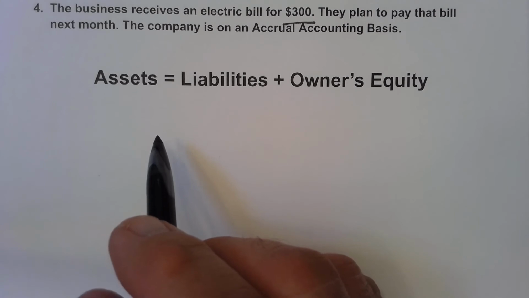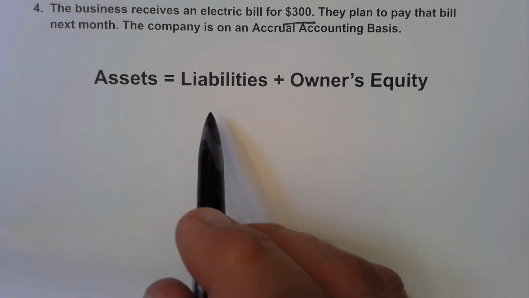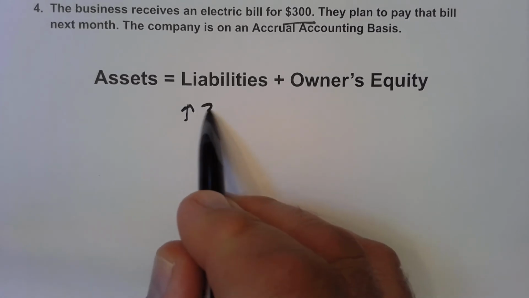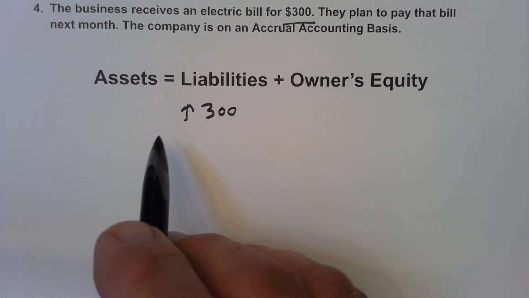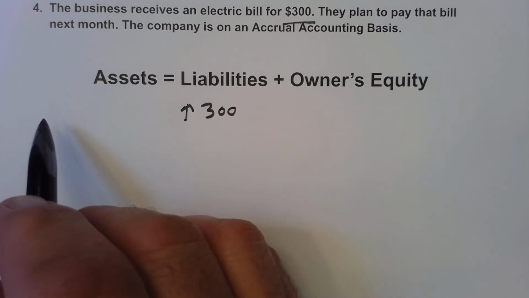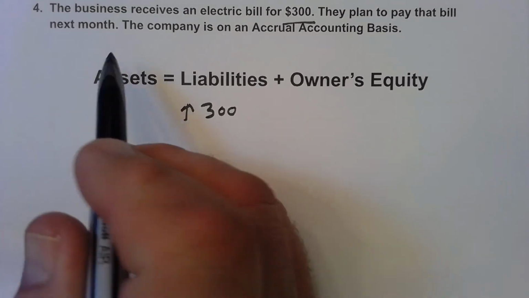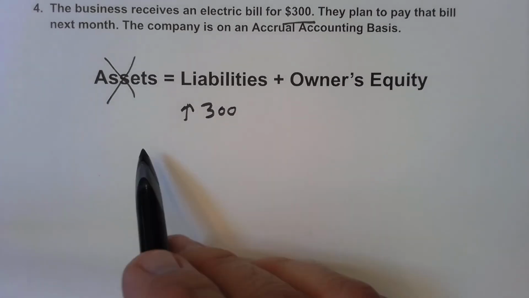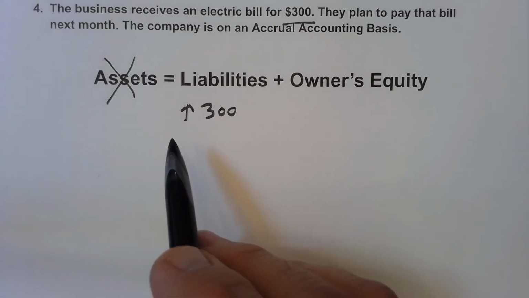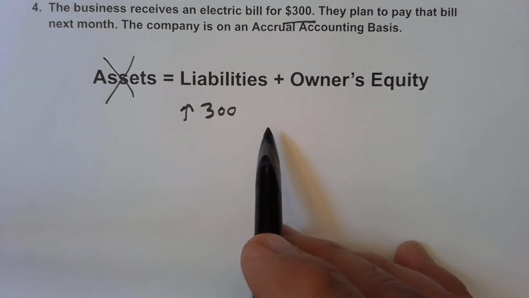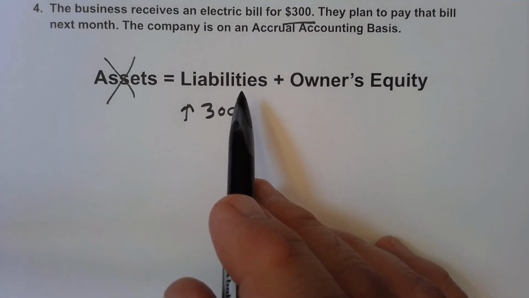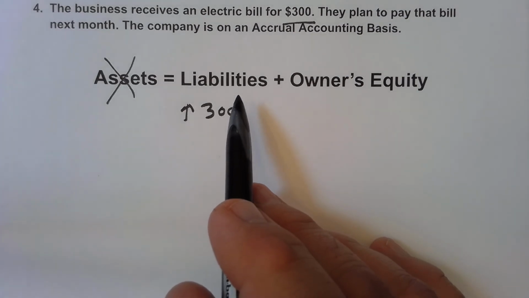Here, the $300 is owed to the electric company, so it is an increase in liabilities. The company doesn't pay it right away, so there's no decrease in cash or any other asset for that matter. So if there's no change on the left side of the accounting equation, but the right side liabilities increased by $300, how do we keep it in balance?